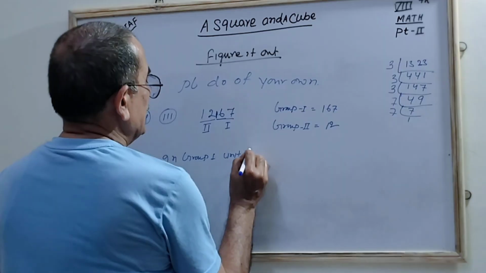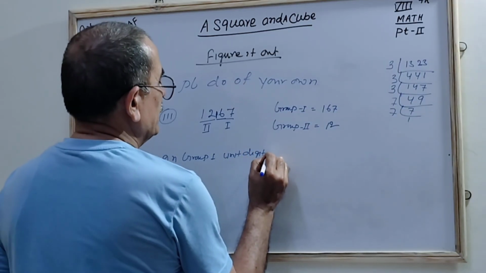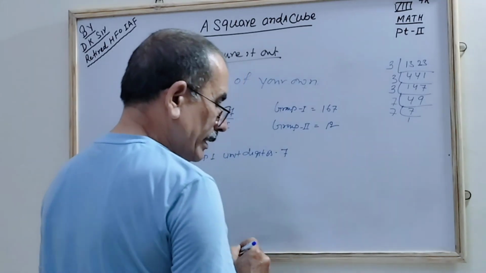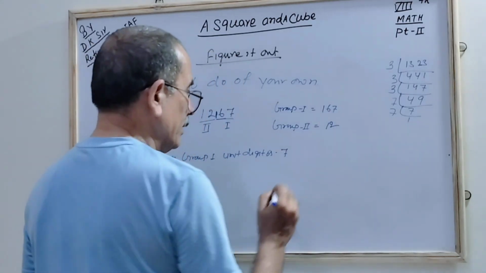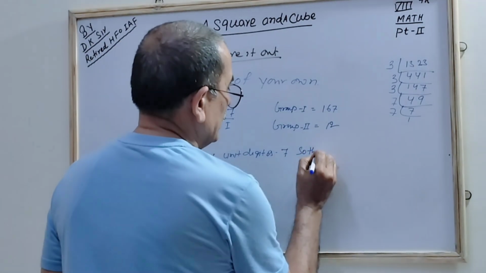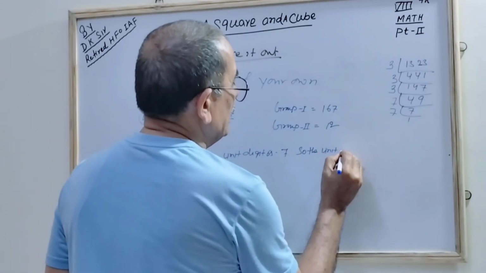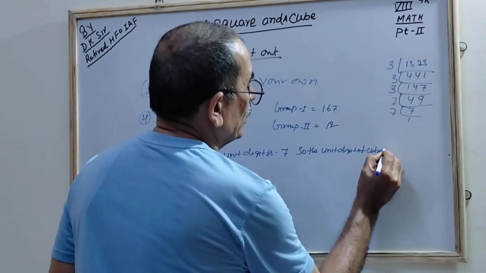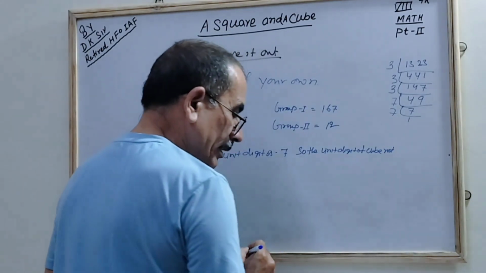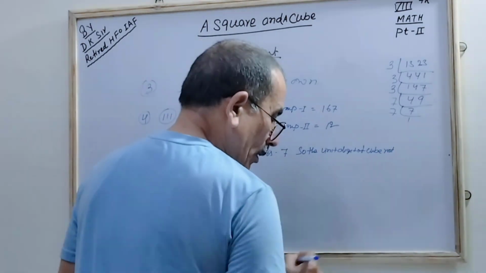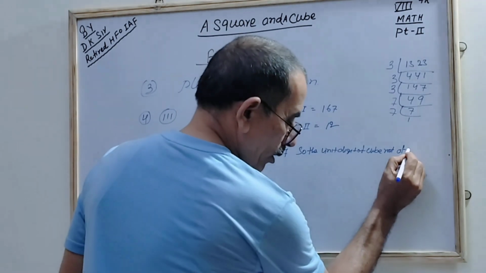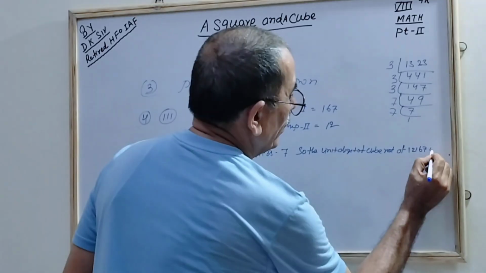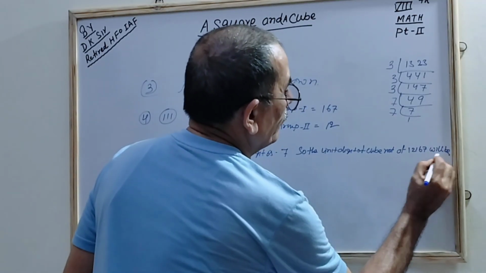The unit digit of the cube root of 12,167 will be 3.